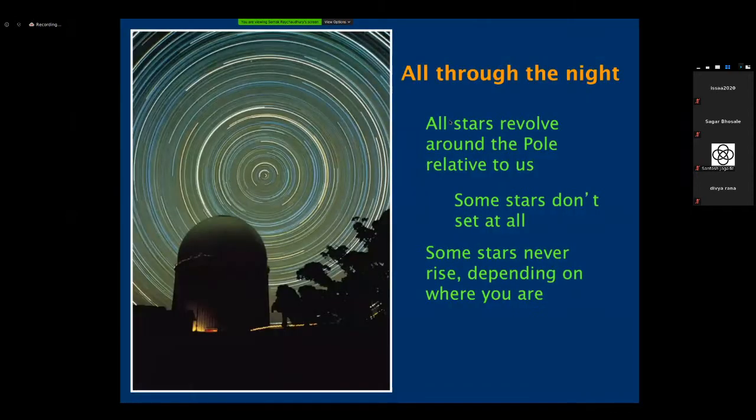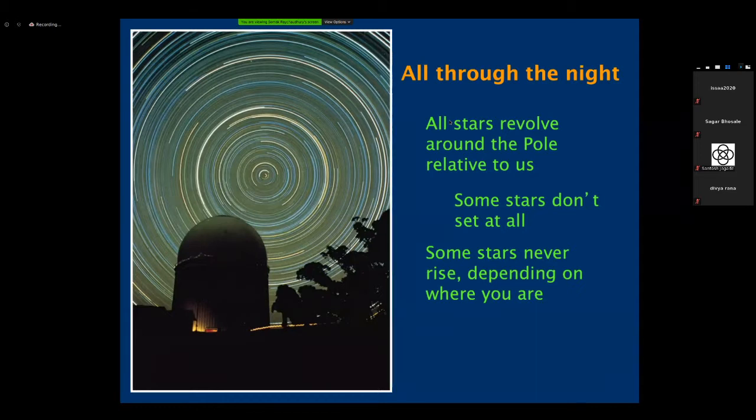This is a very famous picture taken in the 1970s that completely set a certain tone. So many of us have taken this picture later on, but this was the first time this was done, by David Malin. This was taken actually from the southern hemisphere, and a lot of times this picture is misused in various ways.